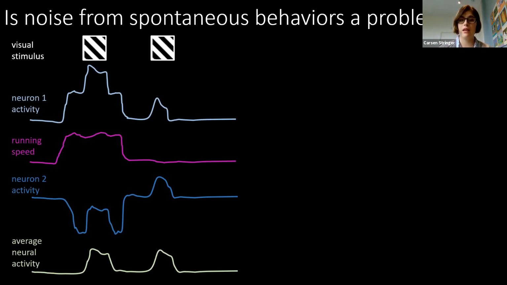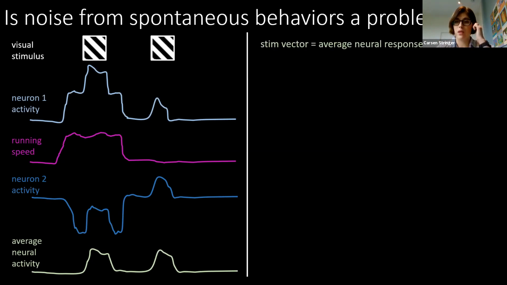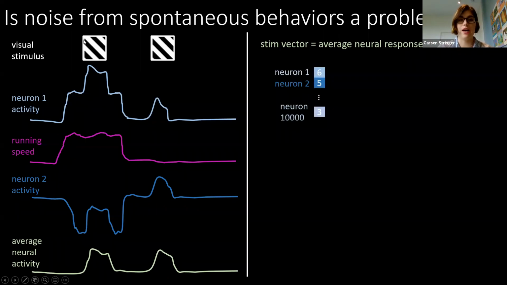This is the idea that the space of visual representations is orthogonal to the space of these behavior-driven directions. We can explore that better by taking the stimulus vector, which is the average neural responses to these various stimuli. In this case, neurons 1 and 2 have high average responses, and maybe neuron 10,000 has a lower response.